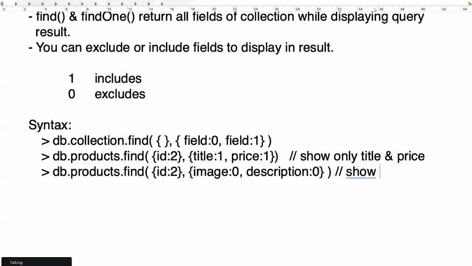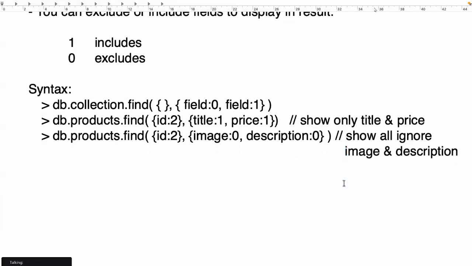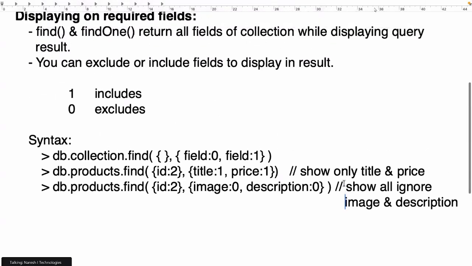Show all, ignore image and description. So that is how we can include and exclude the fields.